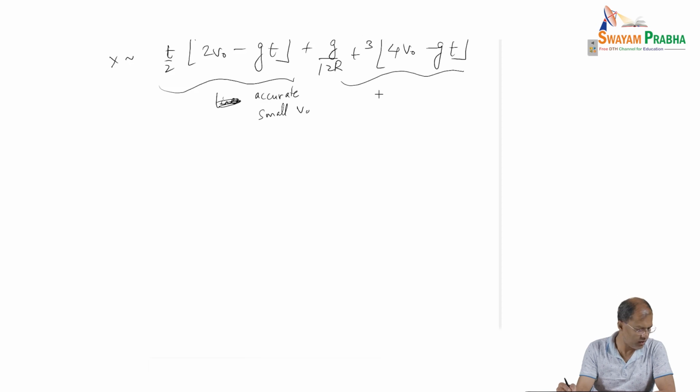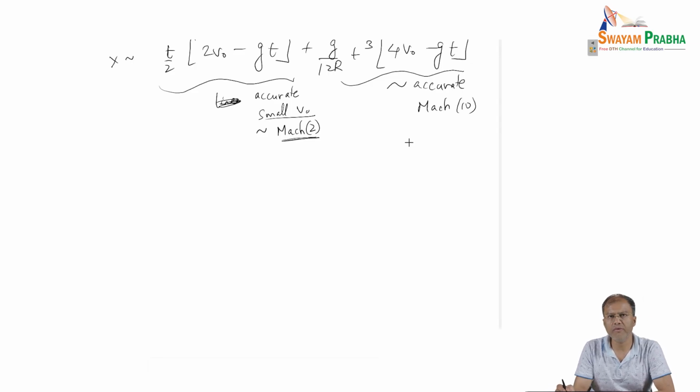Typically the first term is accurate up to Mach 2, although we are saying for small velocities, but still for projectile motion this is accurate up to twice the speed of sound. And if we introduce the second term, this is accurate up to Mach 10. Whatever I am writing here comes directly from the observed experiments of projectile motions.